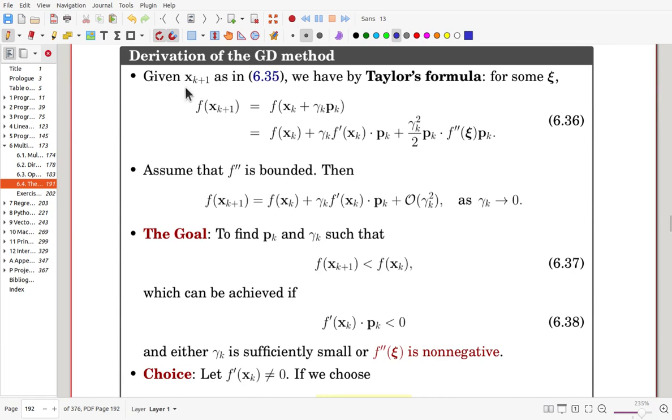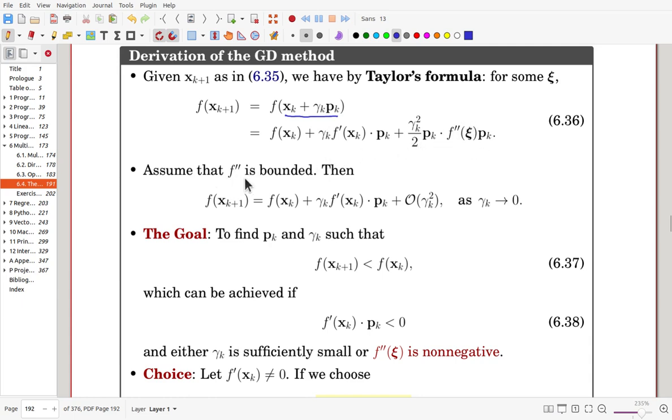When xk plus 1 is decided with this correction, we may try to use Taylor expansion for this perturbation. So f of xk, plus the gradient of f dot the search direction, scaled with a step length, and a second order term of gamma k.